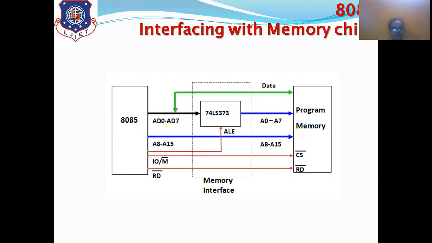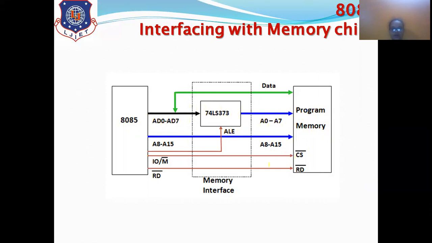Here, first of all, A8 to A15 are directly connected to this program memory, and AD0 to AD7, the multiplexed lines, are passed through this IC, which is the demultiplexer IC containing a D flip-flop enabled with the control signal address latch enable, right? So we will have the A0 to A7 lower order address bus, and by combining these two, it will point out the program memory, right?